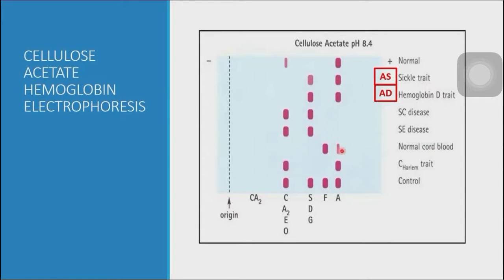Mas limited amounts of hemoglobin A. For C Harlem trait, again, trait, ibig sabihin, ang predominant hemoglobin pa rin na present here is hemoglobin A. Okay, and then, may presence na hemoglobin C. For control, lahat naman yan, pag control, lahat positive.